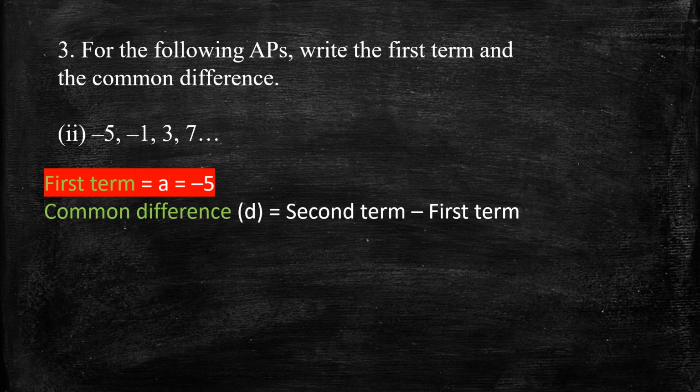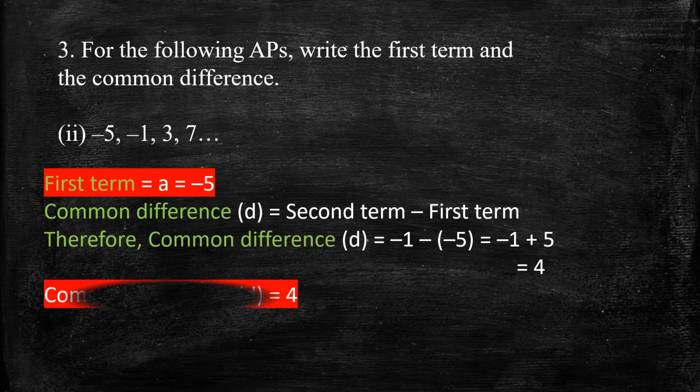So what is the second term? Minus 1 minus of minus 5. So minus 1 minus of minus 5 becomes minus 1. Minus into minus, this becomes plus. So minus 1 plus 5. What is minus 1 plus 5? Plus 4. So the common difference is plus 4. Understood, children?